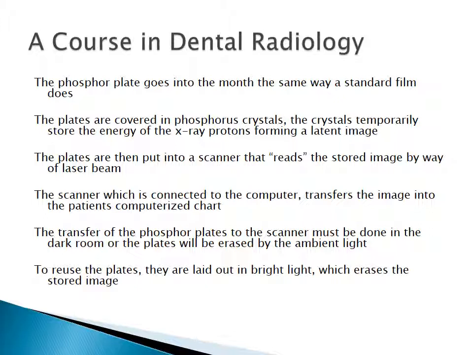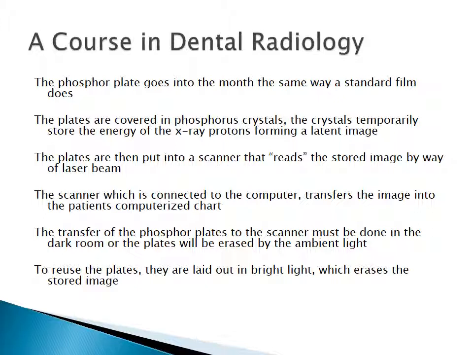But these plates go into the patient's mouth just like a standard film would. They have phosphor crystals on them, which is going to temporarily store the digital image on those plates. They take the plates, put them into a scanner, which would then basically digitize that, put it directly into the patient's chart for the doctor.